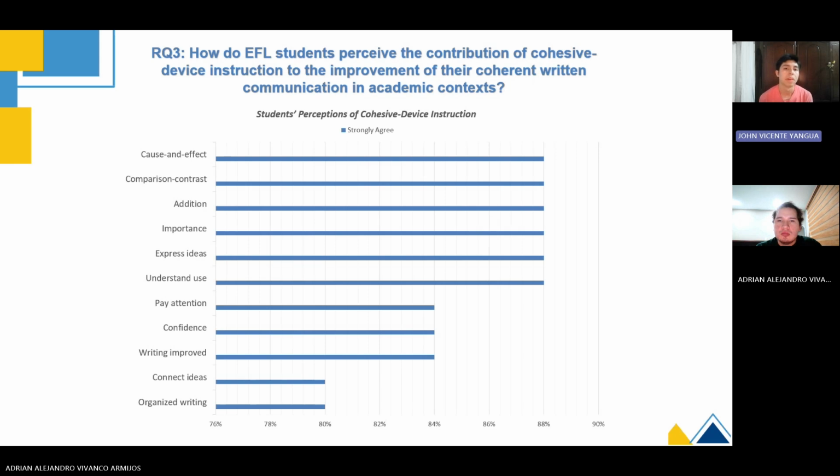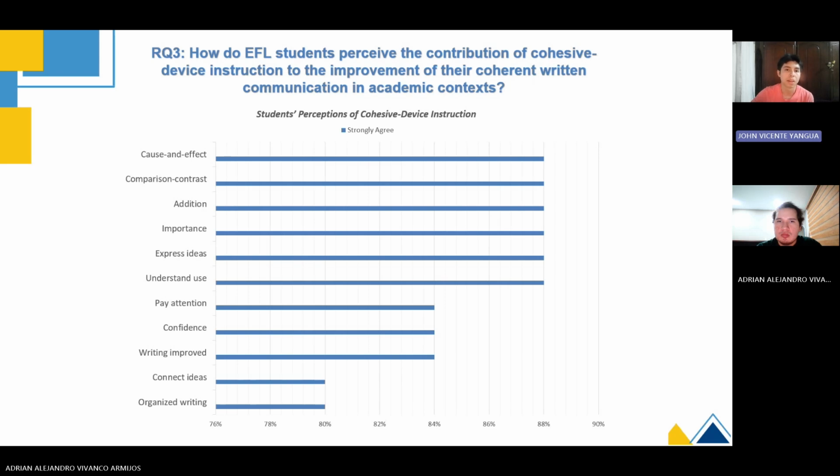Finally, the third research question explores students' perceptions regarding the contribution of cohesive devices instruction to the improvement of their coherent written communication. Overall, participants expressed highly positive perceptions of the instructional intervention.